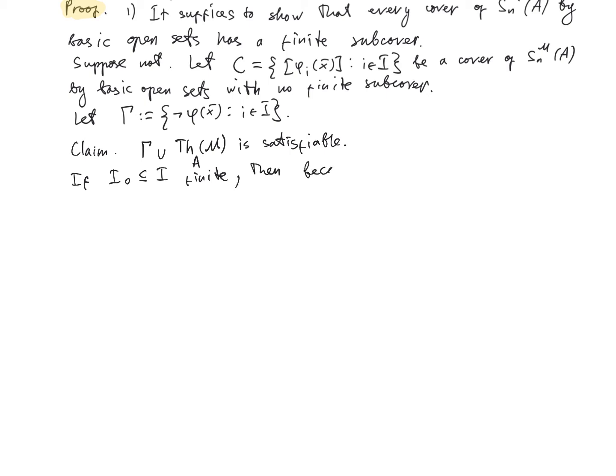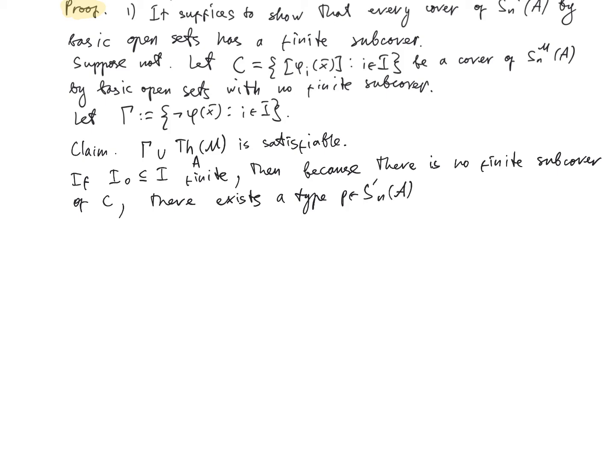Then, because we're assuming that there is no finite subcover of C, there must exist a point in the space, so a type p in S_n^M(A), such that p is not in the union of the sets in this finite subcover. So it doesn't belong to the union of phi_i for i ranging over I_0.